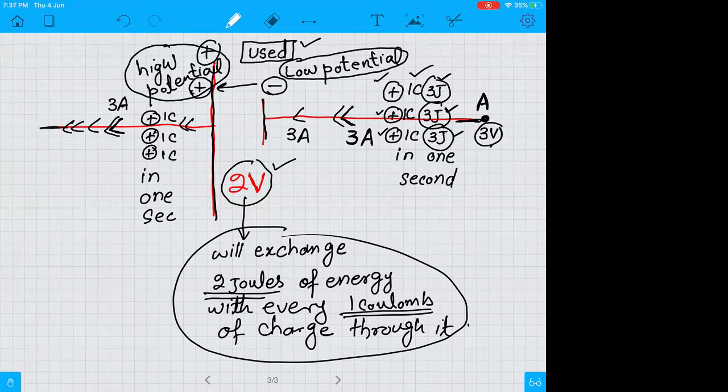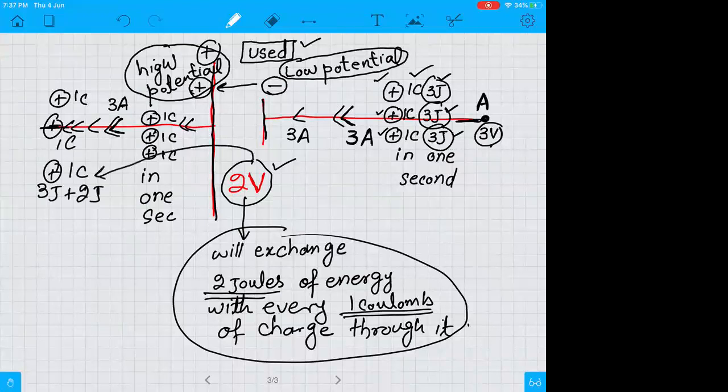However, when the charge leaves this cell, its energy would become, for every 1 coulomb, 3 joules plus 2 joules. This 2 joules is coming from the cell. So the energy would become 5 joules. This charge after passing through the cell will have 5 joules of energy.